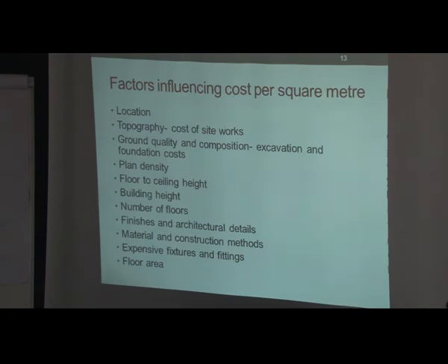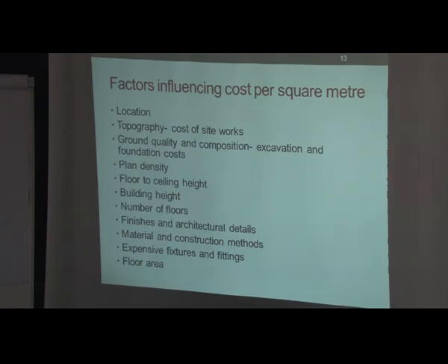So you know that the construction cost that you are going to get is normally influenced by this whole range of factors. Extremely important, please know that one. The factors which determine or influence the construction cost per square meter of property include location and topography.